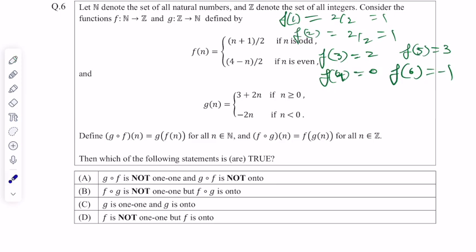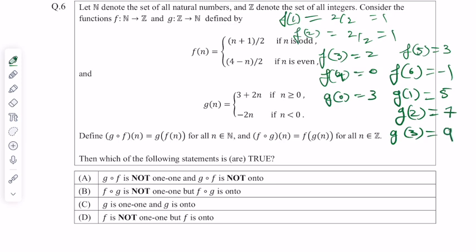Now we have to talk about f of g, g of f, but before that we also have this. So it's from integers to natural numbers. So let us look quickly into g of 0. g of 0 will be 3. g of 1 will come out to be 5. g of 2 will come out to be 7. g of 3 will come out to be 9.